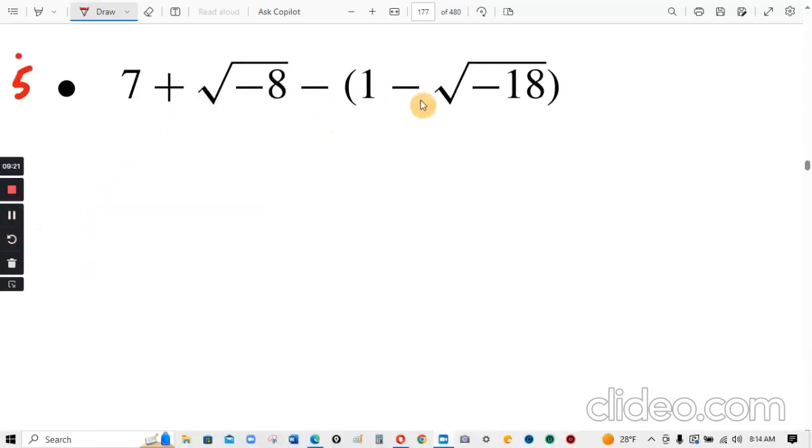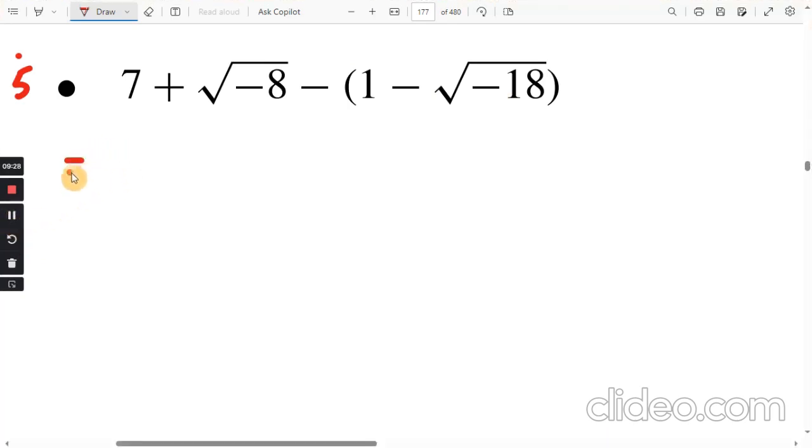All right, please try this example here. Okay, let's see. We have a 7 plus the square root of negative 8. The square root of 8 is the same as 4 times 2. And that's going to be times the square root of negative 1.